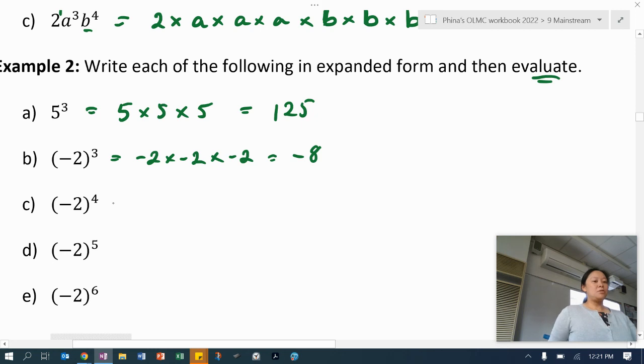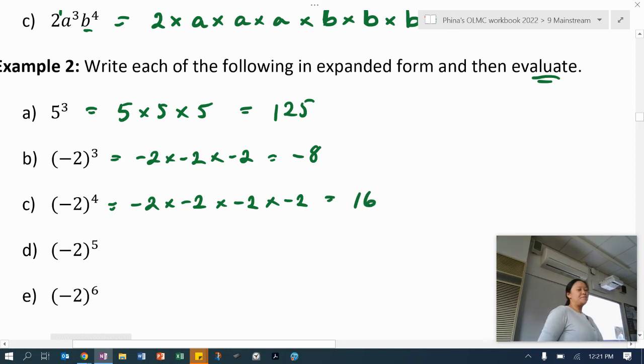Okay. Next one. You guys can keep going if you're happy with this. Negative 2 to the power of 4: negative 2 times negative 2 times negative 2 times negative 2. Negative 2 times negative 2 is positive 4. Positive 4 times negative 2 is negative 8. Negative 8 times negative 2, positive 16.